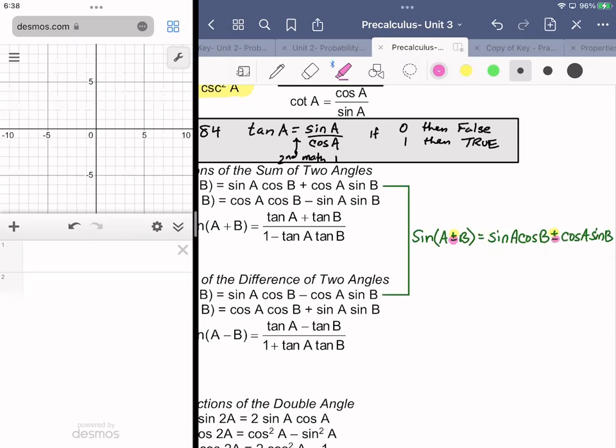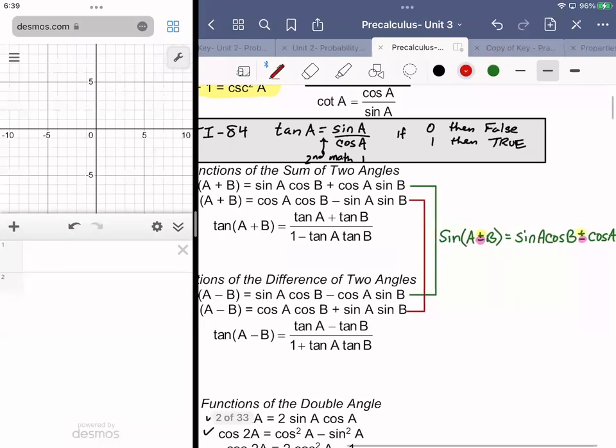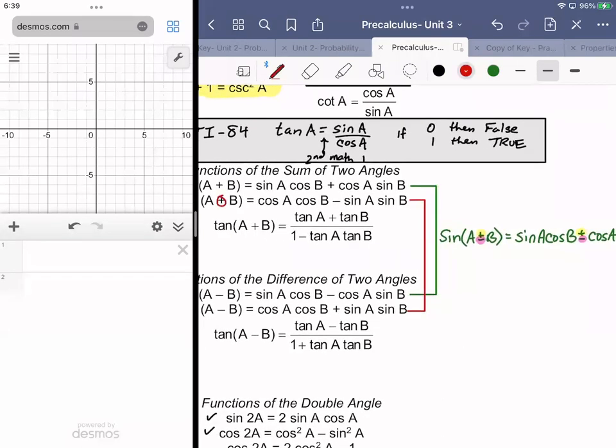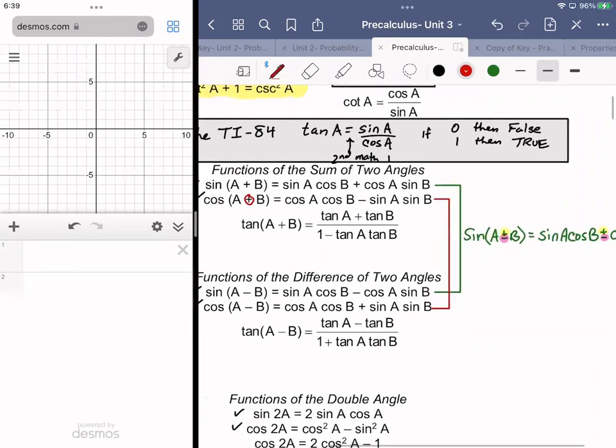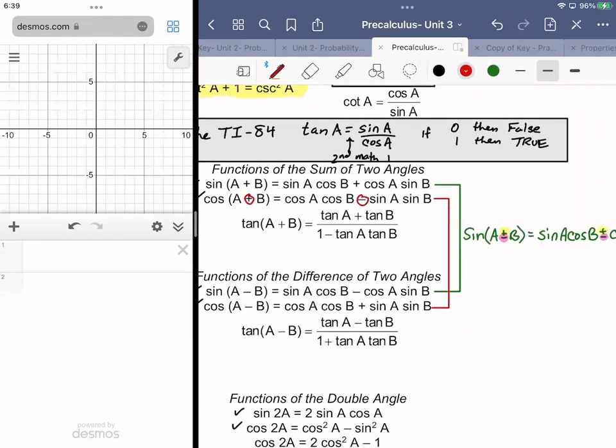We could also do something similar for cosine. These two rules, you'll notice that the sum rule has a minus sign in it, and the difference rule has a plus in it.